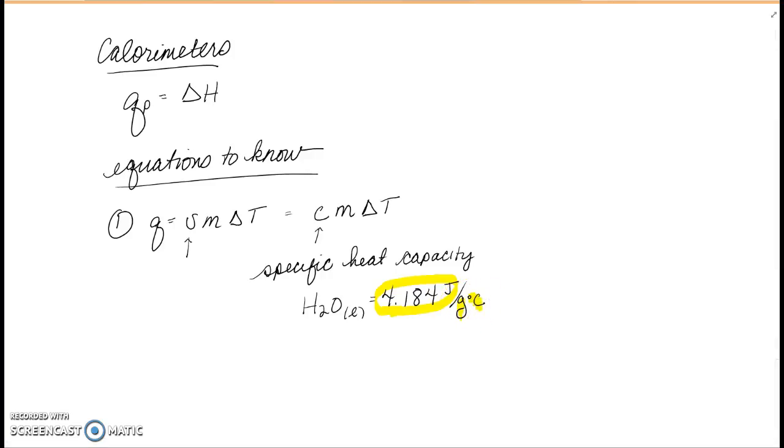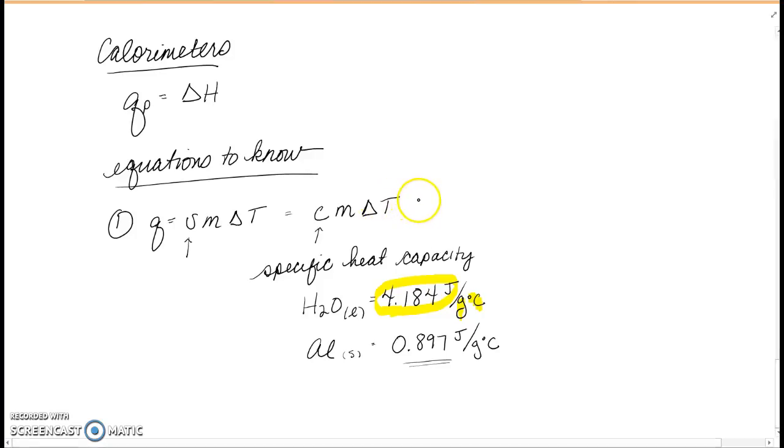That tells you how much energy it takes. As an example, aluminum has a specific heat capacity of 0.897 joules per gram degree Celsius. So you can see it takes a lot less energy for aluminum to raise its temperature than water.